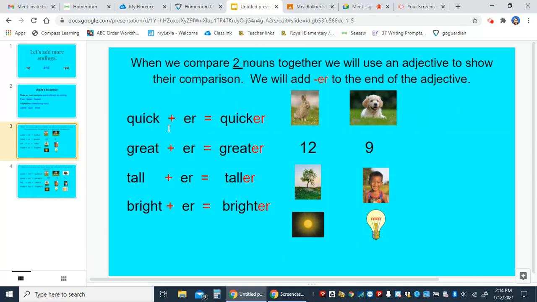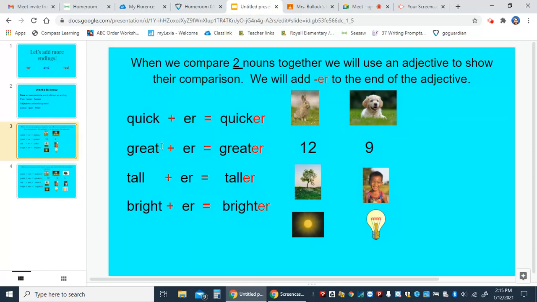I have quick plus the ending ER equals my new word quicker. So how could we use that word in a sentence? I could say, the rabbit is quicker than the dog. I used my ending ER because I only compared two things. You will also notice that I did not have to do anything to the end of my word quick before adding my ending. I simply wrote my word quick plus the ending ER, quicker.